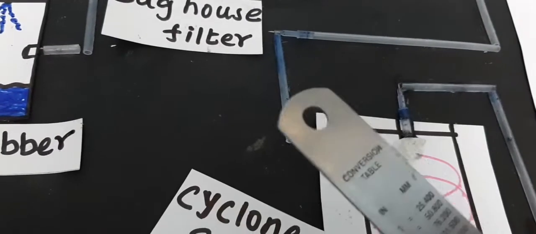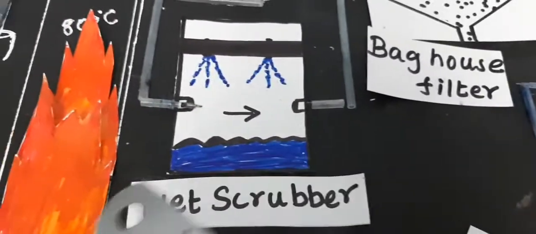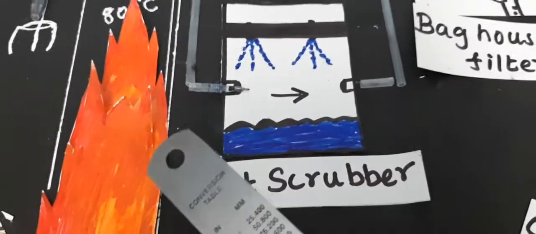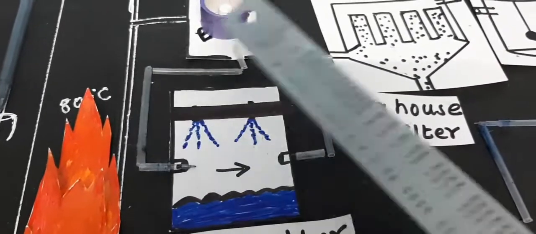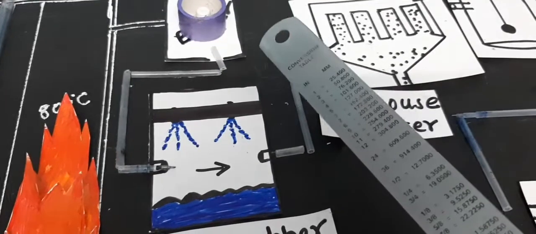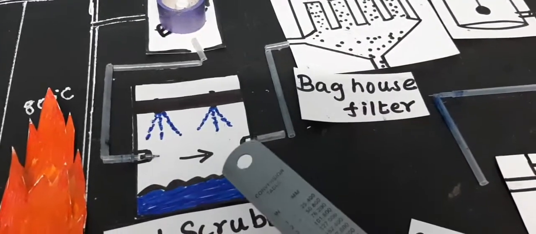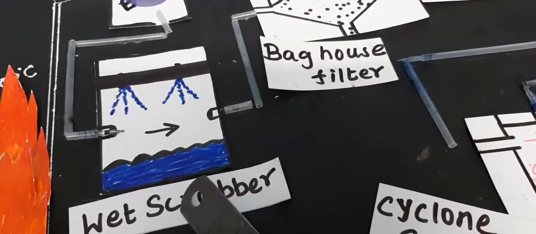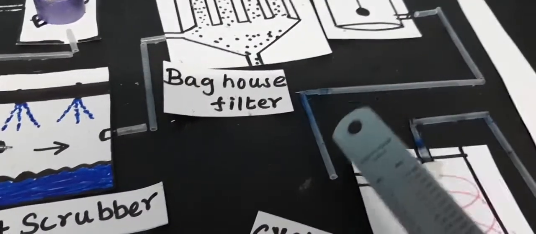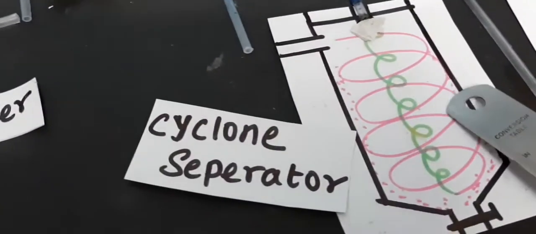Now the gas emitted from the chamber furnace, after recovering the heat energy, is cleaned to remove the pollutants both by the wet scrubber unit as well as by the dry scrubbing units.